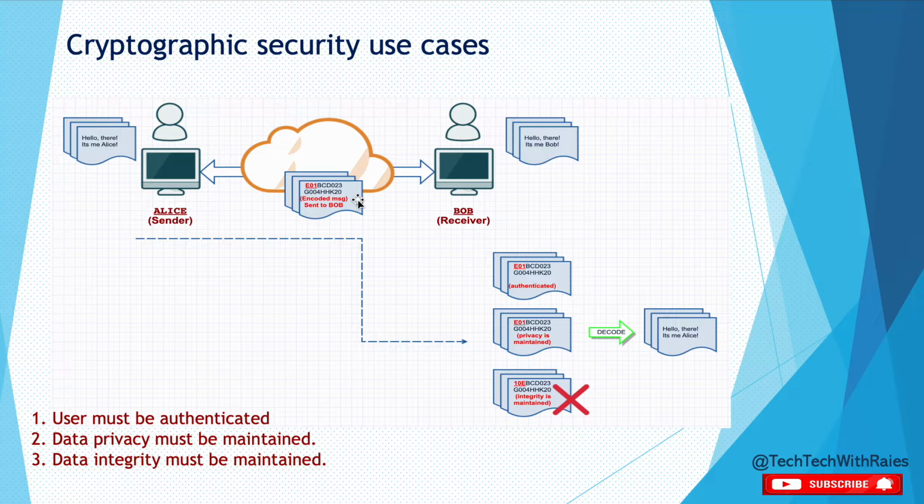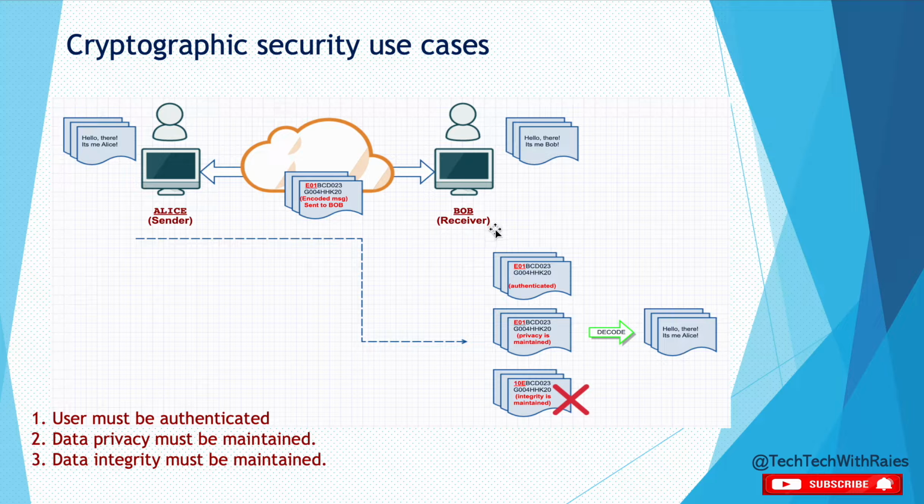To avoid that, this message can be encoded in such a way that others cannot read it. For that purpose there are different algorithms and encoding and encryption mechanisms used. We'll talk about those later, but the use case is that this message should be encoded in such a form that it reaches the receiver in encoded form and remains encoded over the communication channel, so that no hackers can read this message.